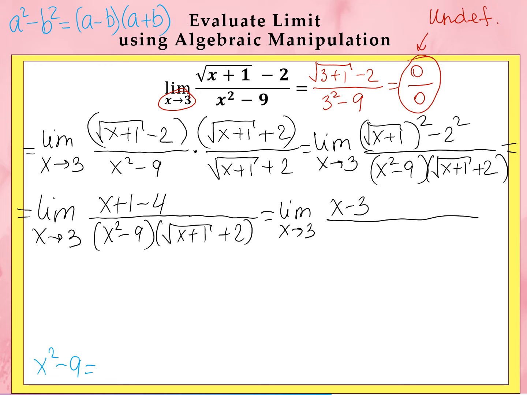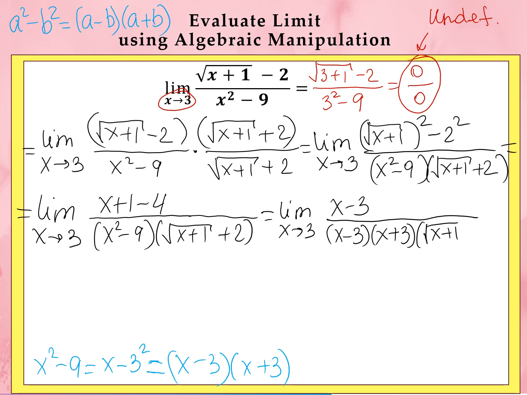So it is x minus 3 times x plus 3. We go back to our example, and we can write the factor form of x squared minus 9: x minus 3, x plus 3, times square root of x plus 1 plus 2. We can cancel out x minus 3 and x minus 3.